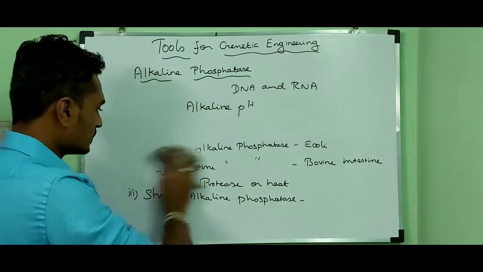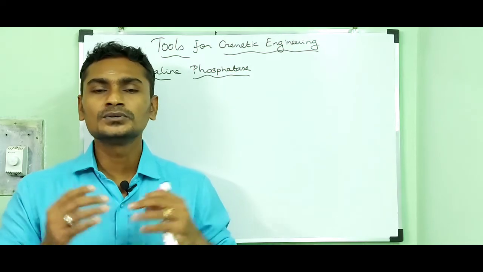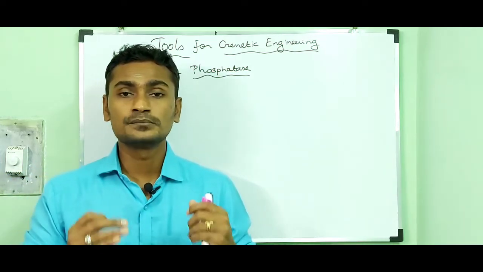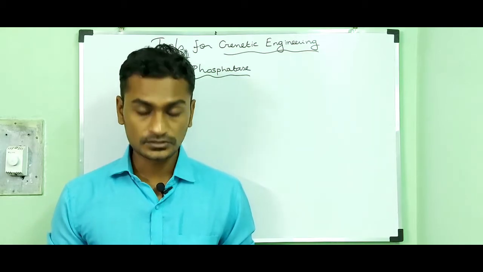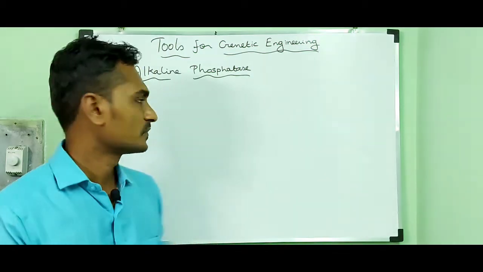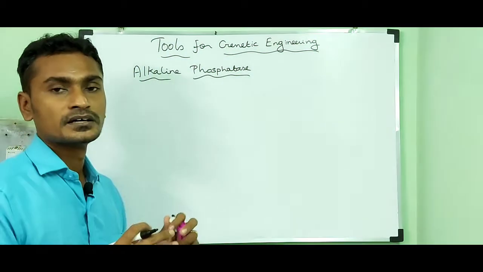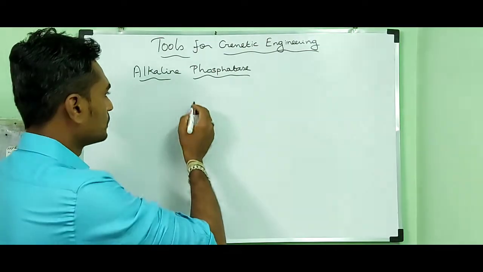Alkaline phosphatase uses. Let us talk about how the alkaline phosphatase enzyme is used in DNA manipulation. For example, we are going to make a recombinant DNA. So in order to make a recombinant DNA, first we have to select a plasmid.